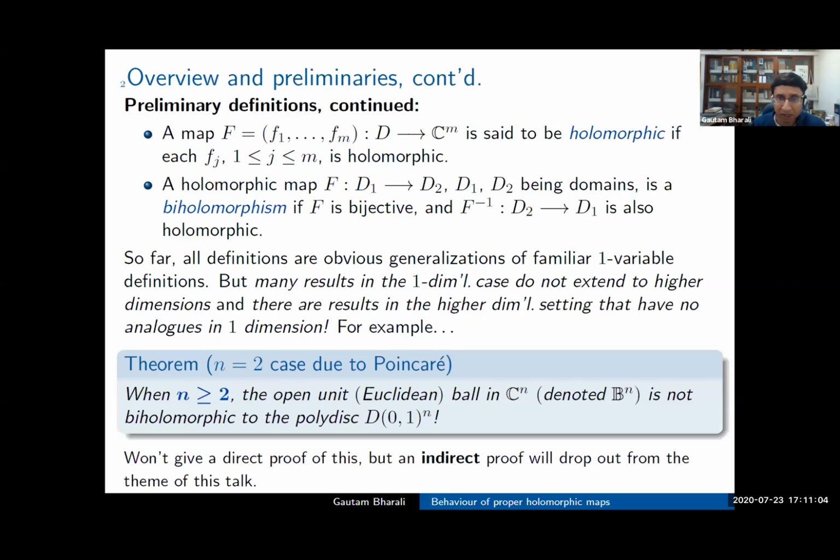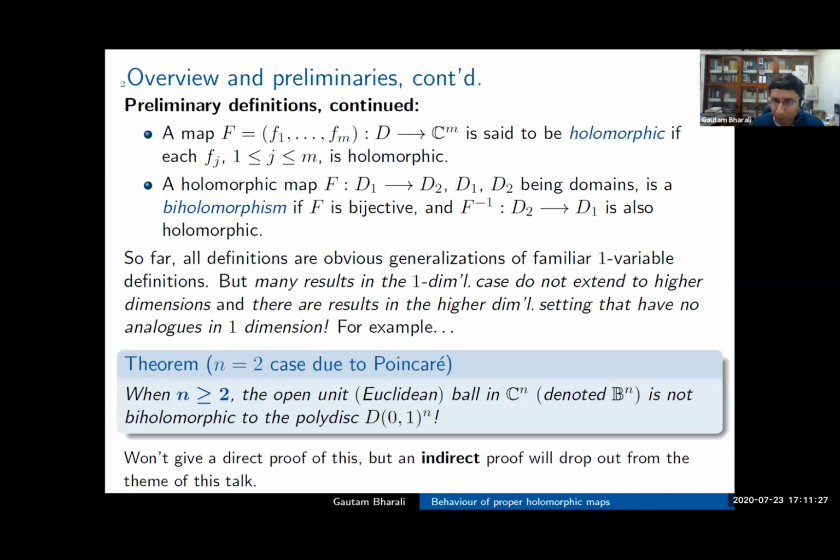And note how this result, number one, has no analog in one variable for the simple reason that the Euclidean ball and the polydisk in one dimension are just one and the same thing.